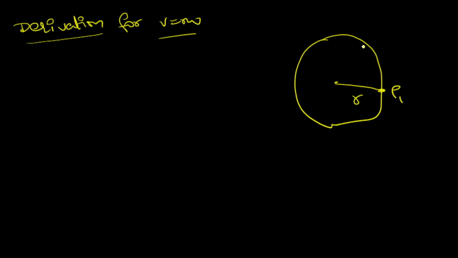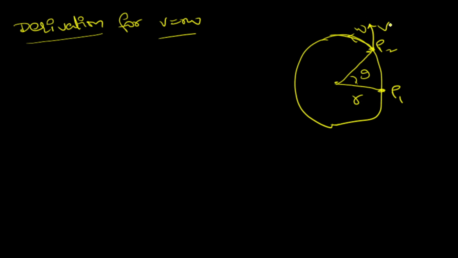After some time this particle is moved to a distance of theta. Theta is the angle made by the position vector of this particle. Okay, so this particle will have angular velocity omega along the circular path, and also the velocity v.